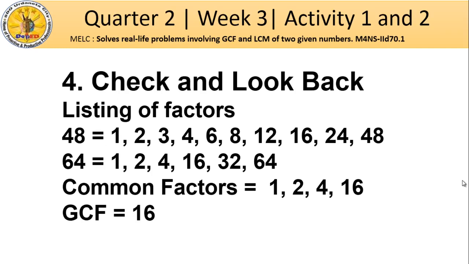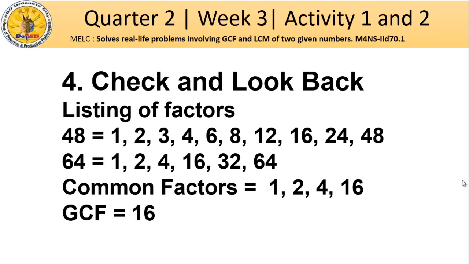We will use the listing method to check if our answer is correct. What are the factors of 48? 1 and 48, 2 and 24, 3 and 16, 4 and 12, 6 and 8.